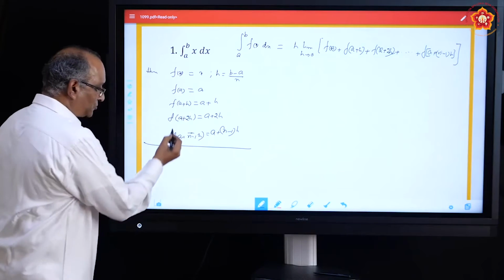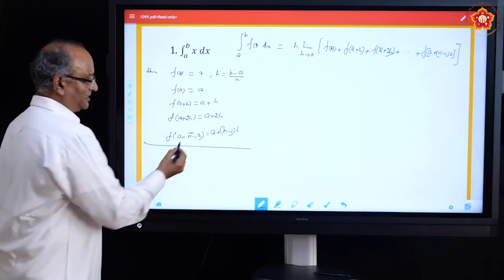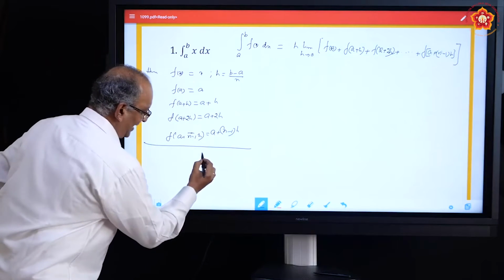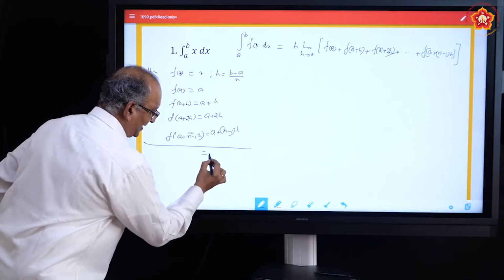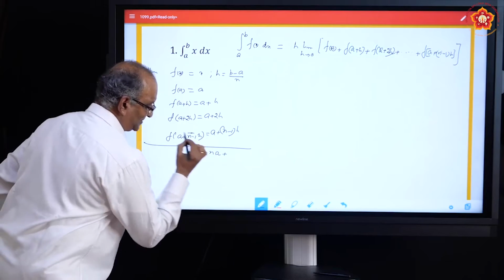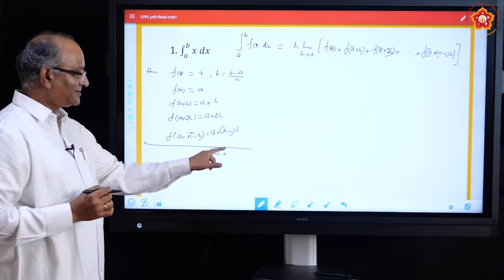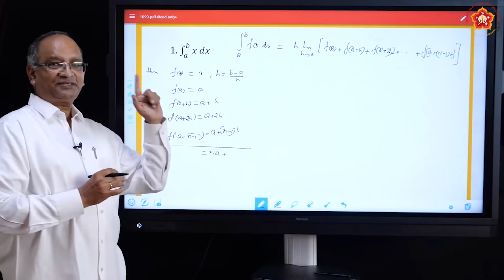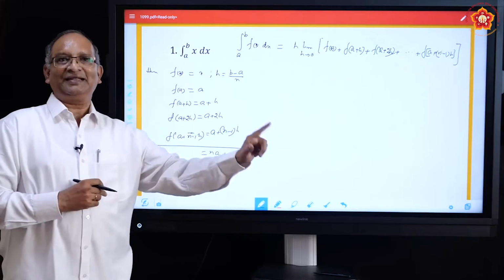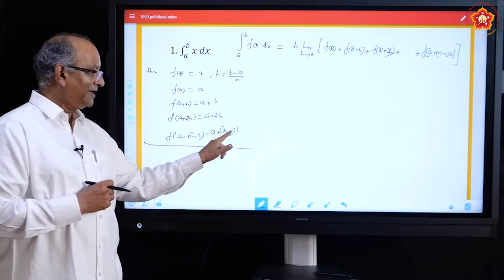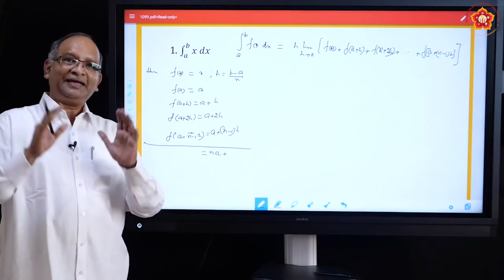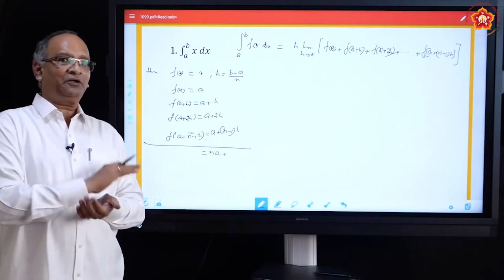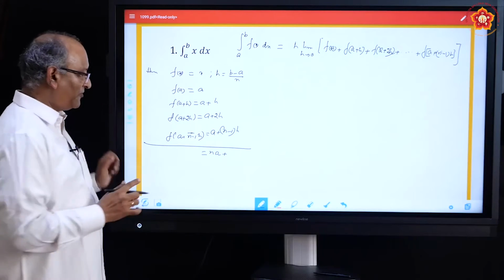So this total, I am just totaling as na plus. Now try adding this. What do you find? This is 1h, this is 2h, then 3h, then 4h, then 10h, then 11h, and toward the end n minus 1 h. Means what? h is common in all. Take it out. If you take out h common, what will be left?